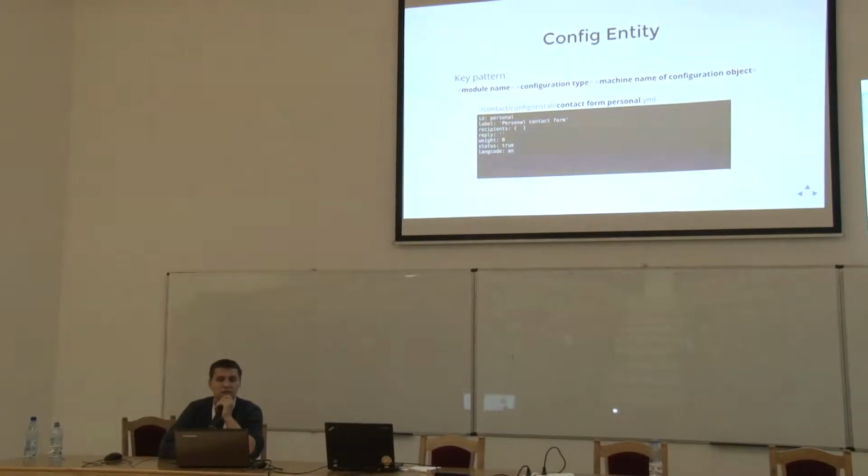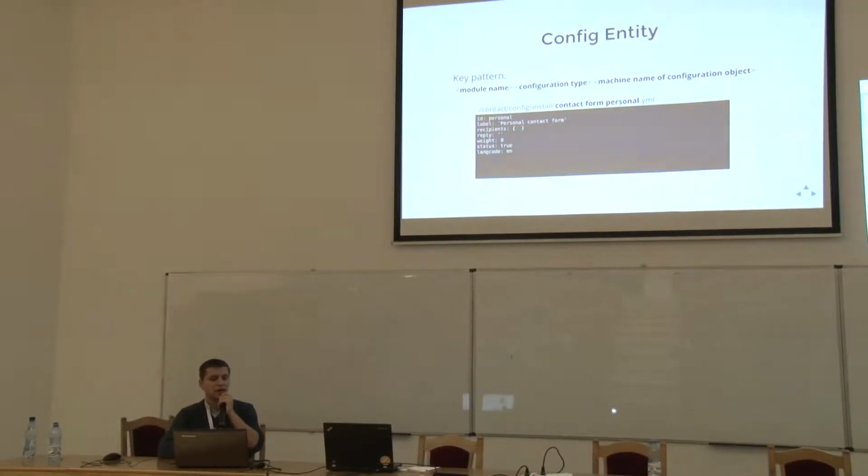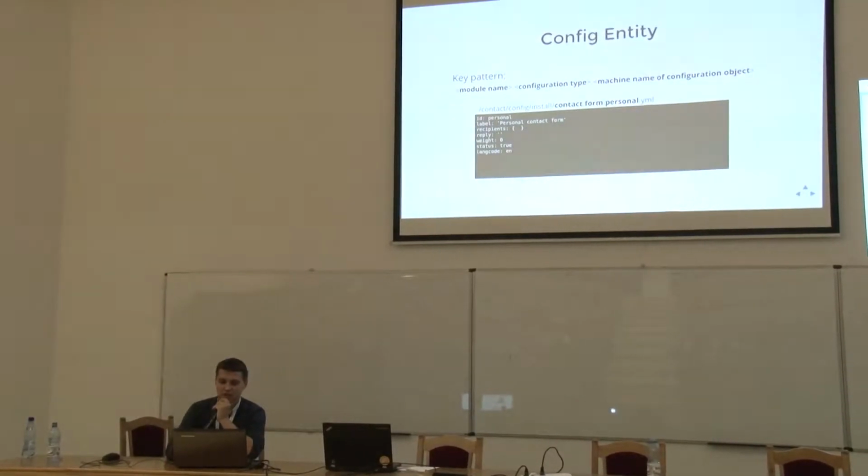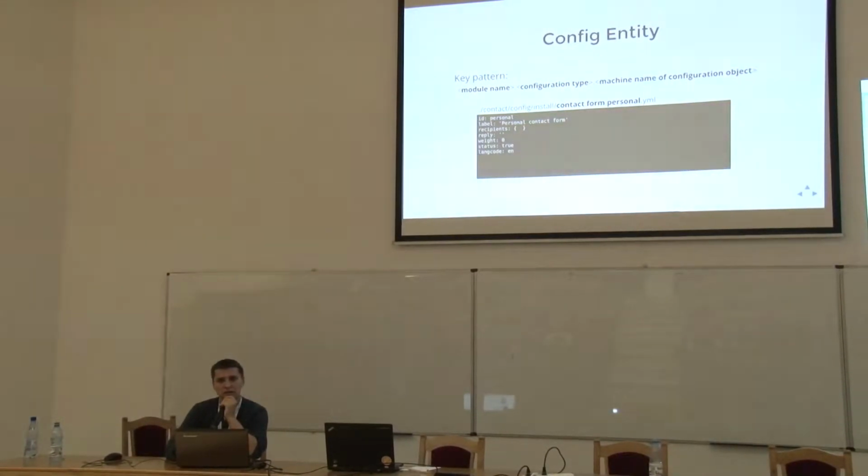But in the config entity, you will have some keys like the ID that will always be there. And in the case of config entities, the key pattern is with one parameter in plus, which will be the machine name of the configuration object. Actually, the machine name of your config entity.